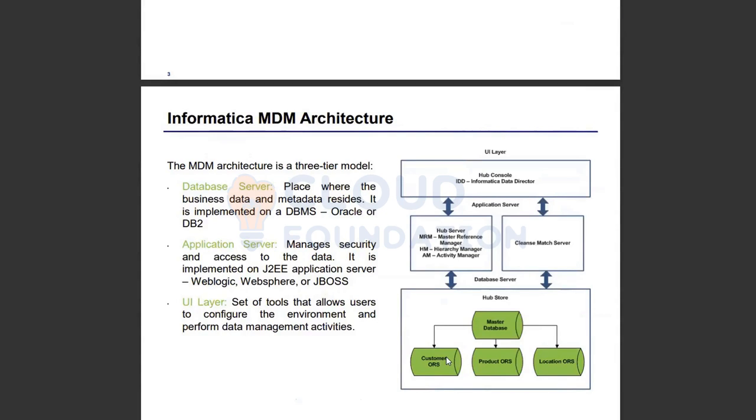According to your application layer, the ORS will be storing your data and its own configuration. The application server is utilized for all the activities done in hub provisioning, the data manipulation activities, all those things. Whereas the UI layer is the interaction layer for the data steward as well as for the developer to create and manipulate the configurations.